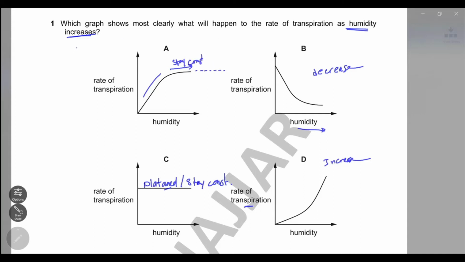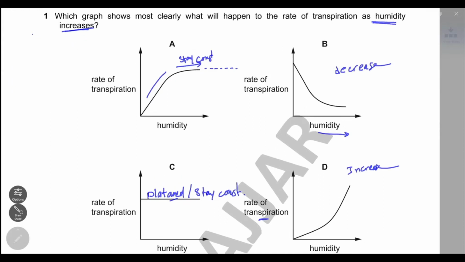So, as you know, and we can take this as a point of revision, we have factors affecting the rate of transpiration. Those factors are, we can say, internal or external firstly.